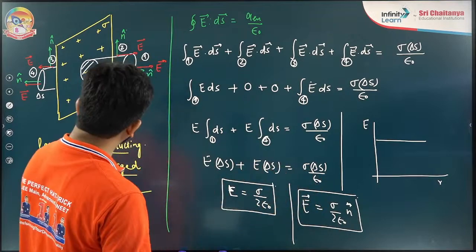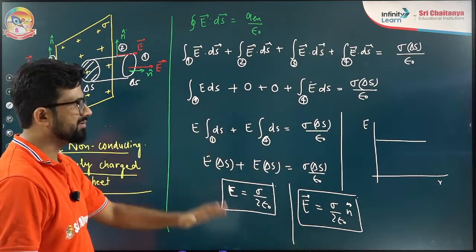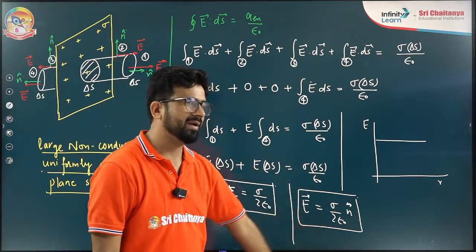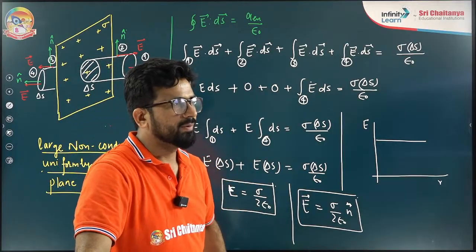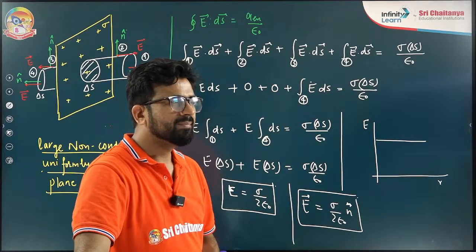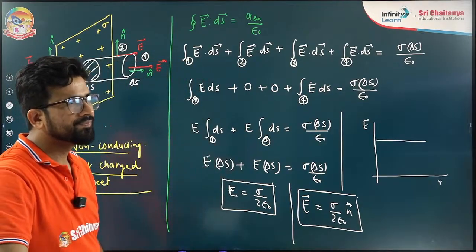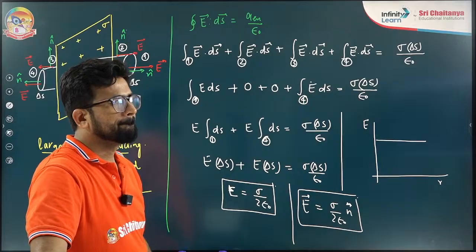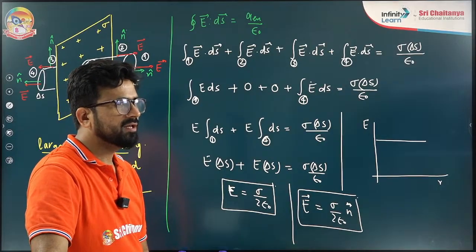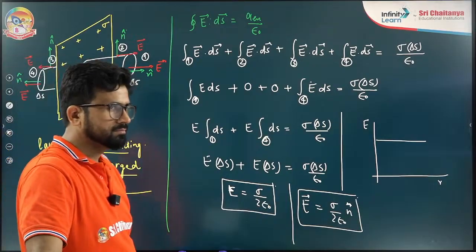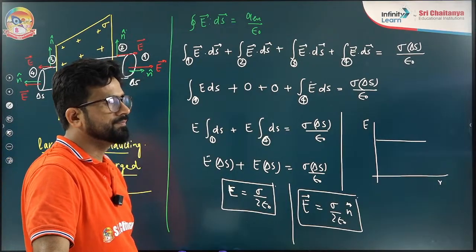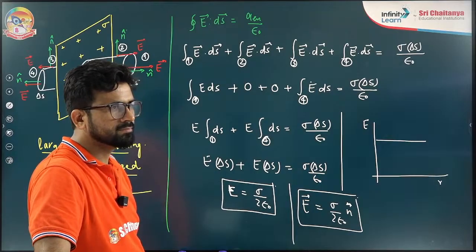But if you are taking an infinitely large sheet, then it would be a constant value, and that is equal to sigma by 2 epsilon. Madhusmita, okay, it is clear to you. Other persons also please reply. Is it clear or not clear? Cherry, Sebas, Vamsi. It is clear, beta?